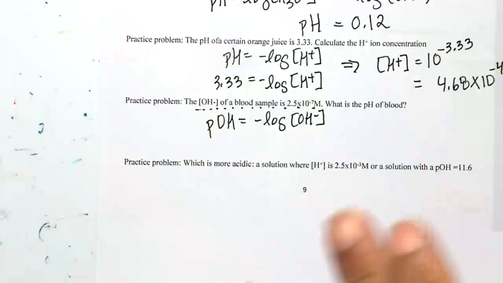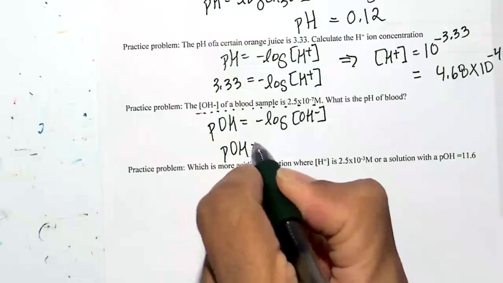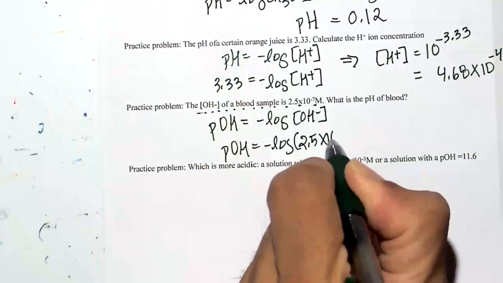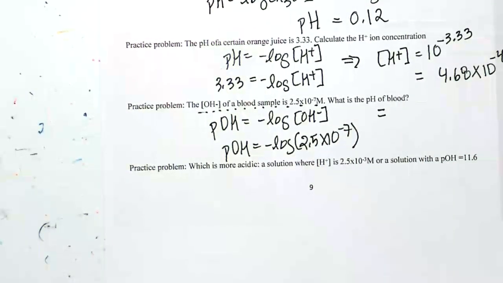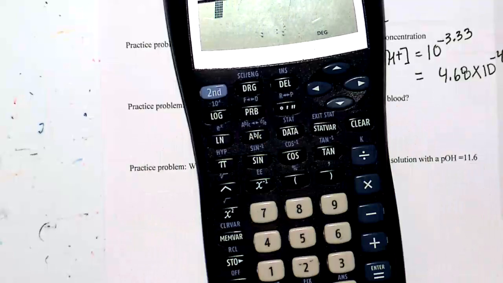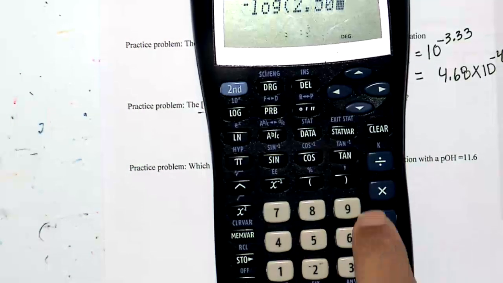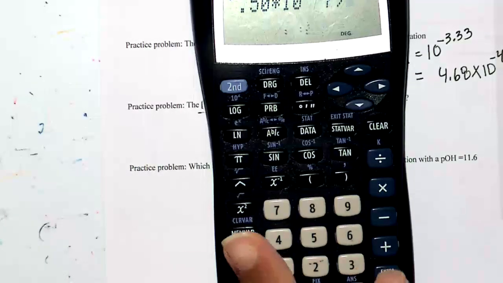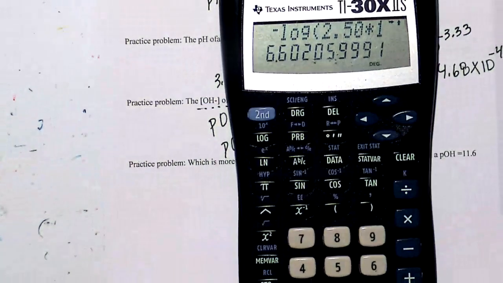I got the OH concentration, so the pOH is minus the log of 2.5 times 10 to the minus 7. What do you guys get when you put that in your calculator? I'm getting about 6.60.